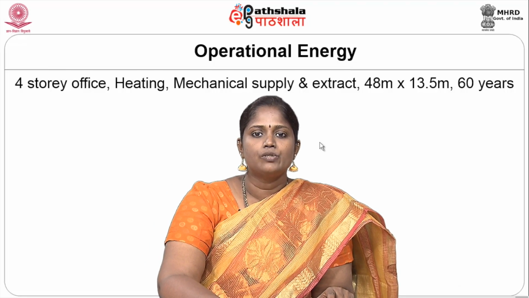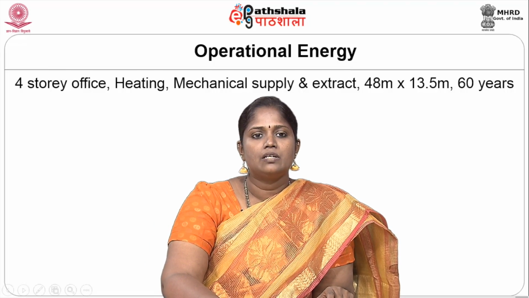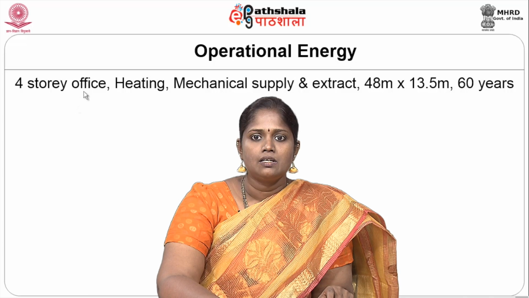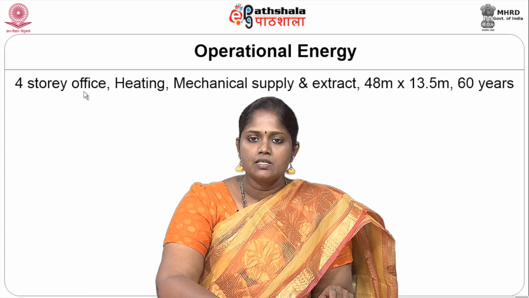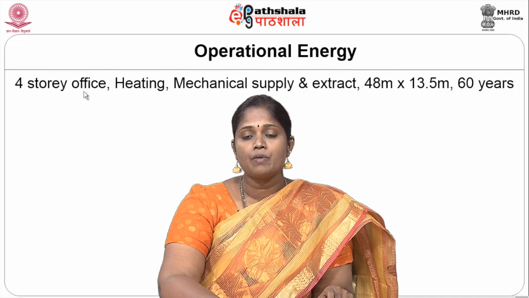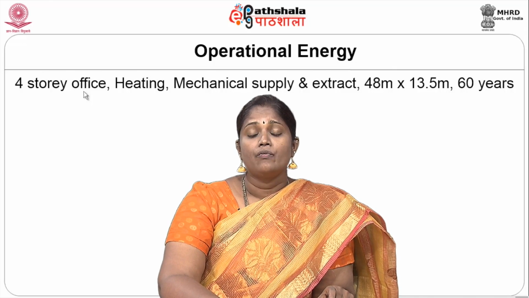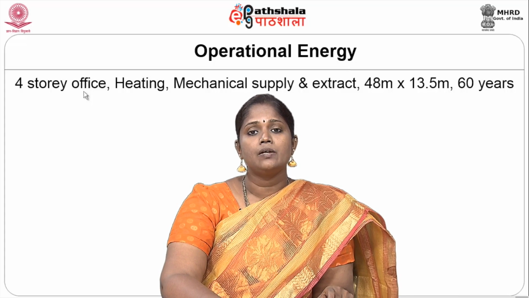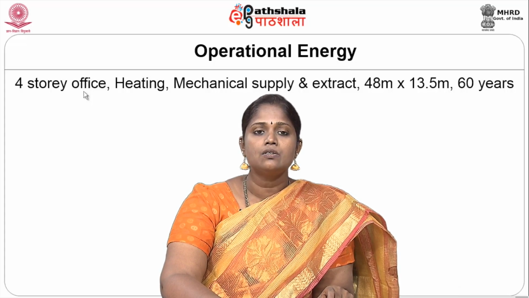So, operational energy is the energy needed to run the building in a proper manner. Let us look at an example: a 4-story office building which is air conditioned and has a mechanical supply, and the dimension of the building is 48 meter by 13.5 meter, for which we need to calculate the operational value over an average of 60 years.